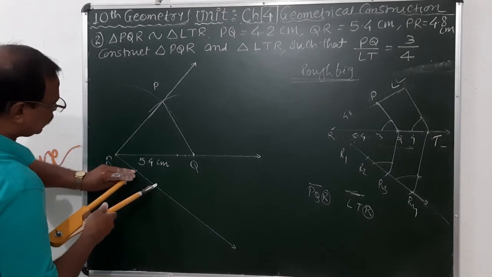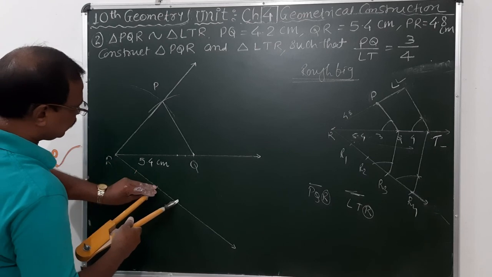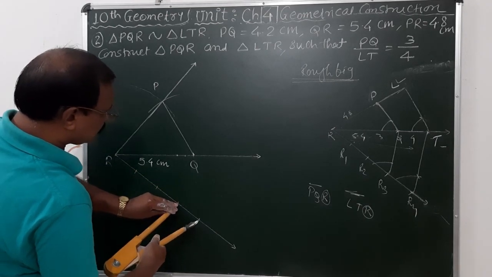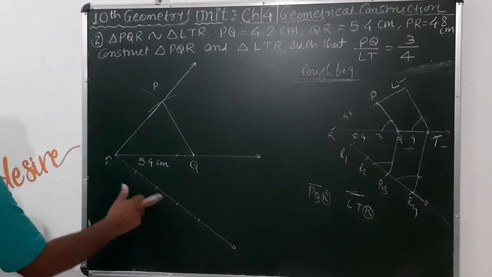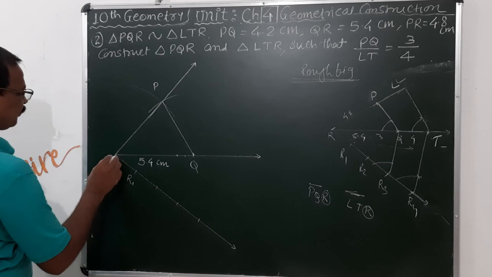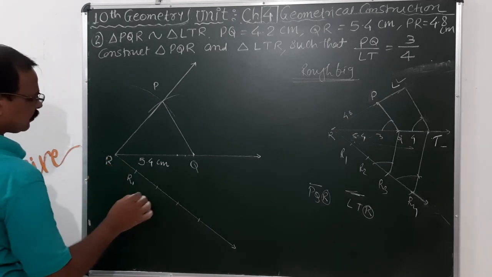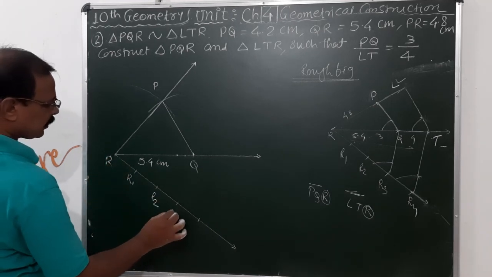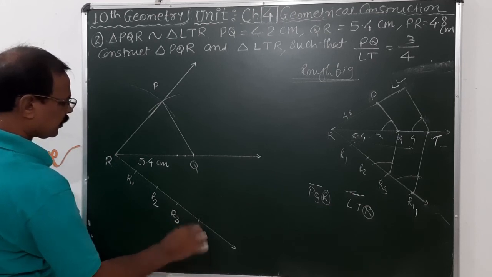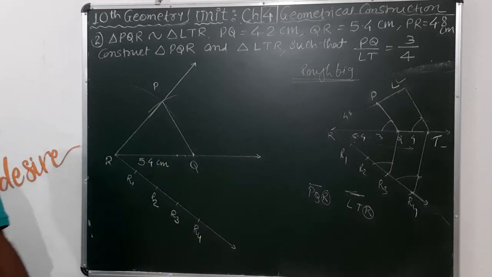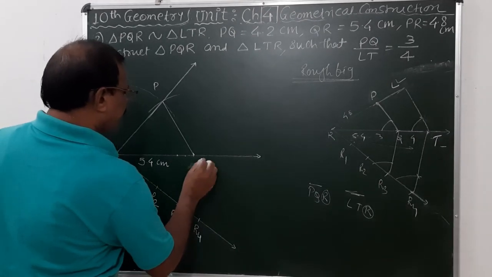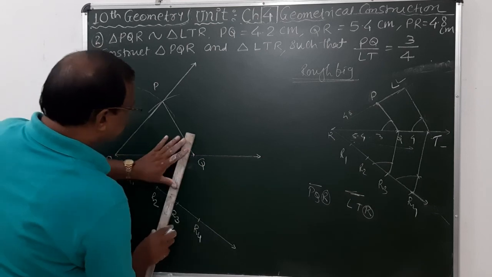First part, second, third and fourth part here. Suppose I write here, this is R1, R2, R3, R4. Now join point Q with the third part here.